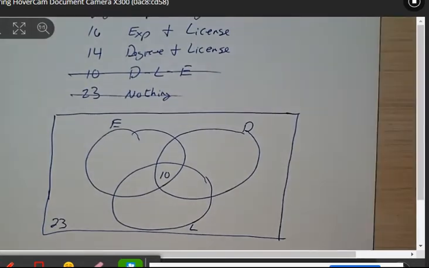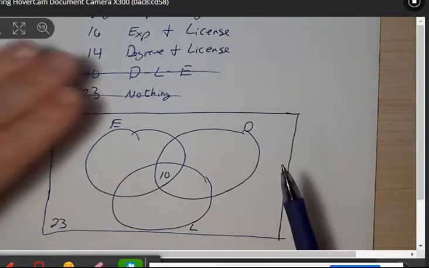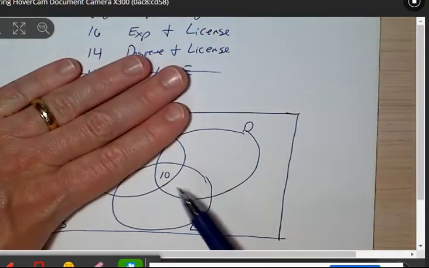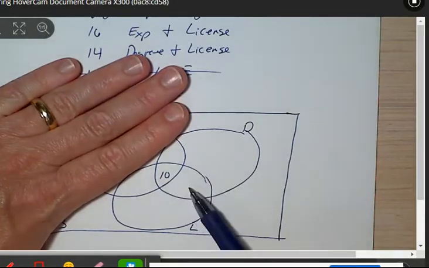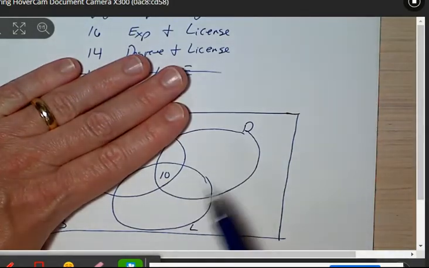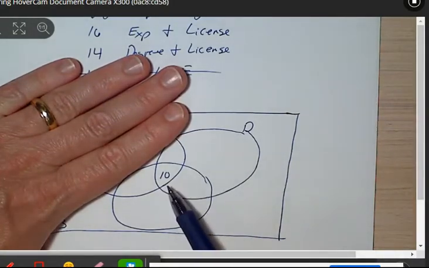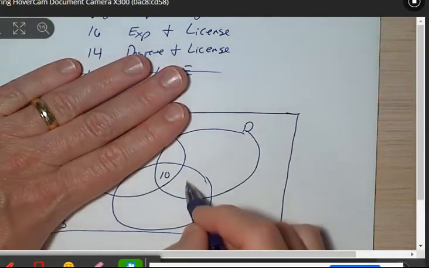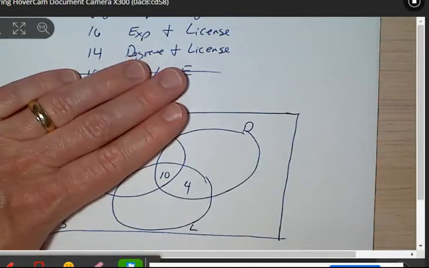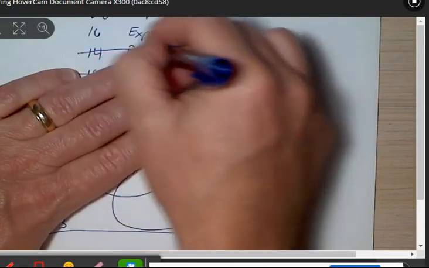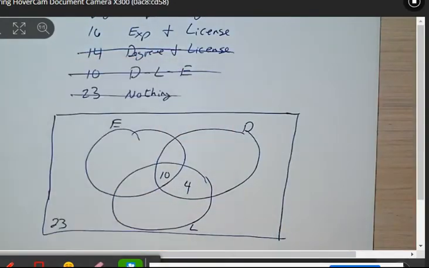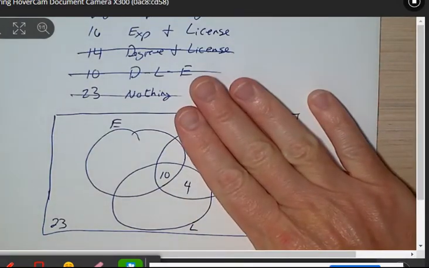Okay, and then from there, it's just cutting back to the different parts that you have. It says there's 14 people that have a degree and a license. So take out the experience. There's 14 people in the overlap between degree and license. Well, if we already got 10 in common here, we're just going to do 14 minus 10 to make this 4. So there's our 14 people that had a degree and a license. We need to have 16 with experience and a license.